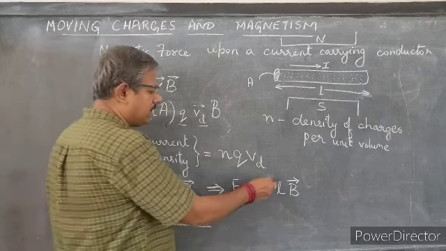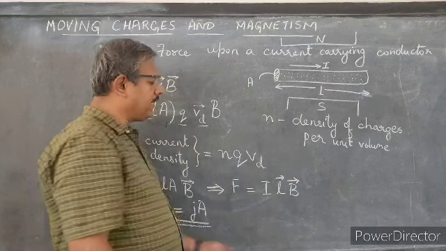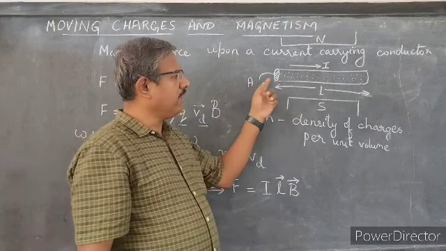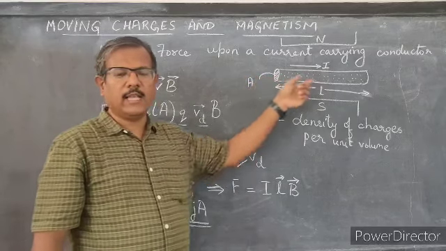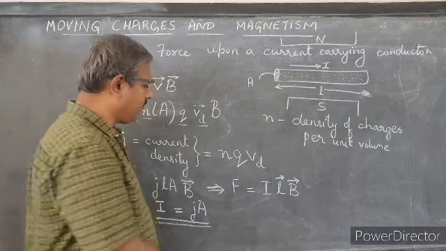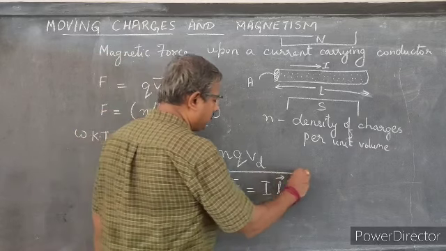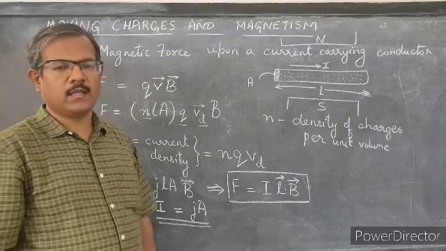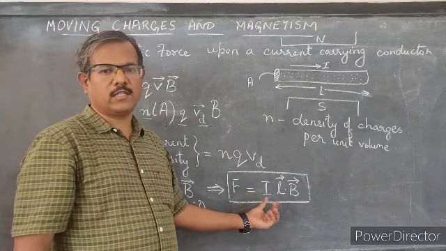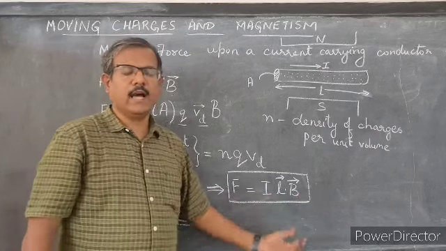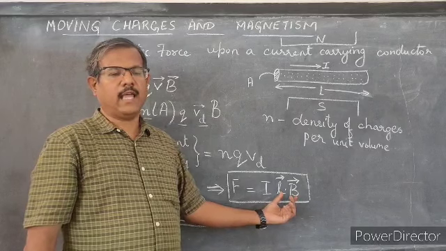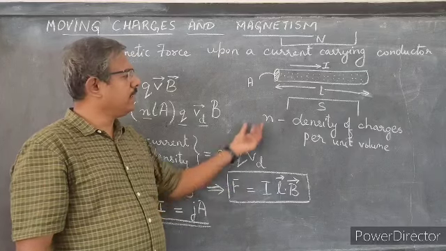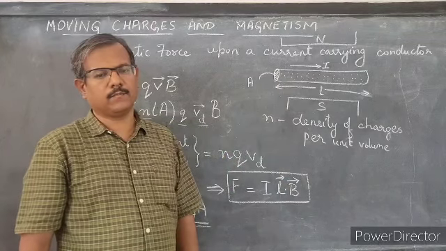Hence, I shift its direction to L. So L, I converted it to a vector, which means to say that L is a vector having a direction given along the length of the conductor. So my F becomes I into L cross B. So I is current and that's not a vector, but L and B are now taken in as vectors. So that gives me the force being felt by a current carrying conductor.